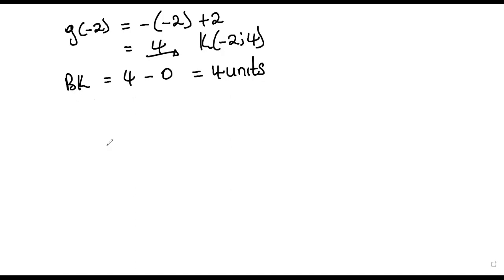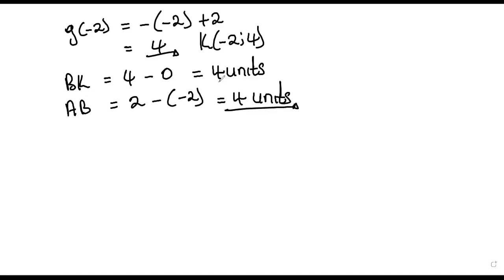Fine stuff. And then we look at the length of AB. So we'll say the bigger x value minus the smaller x value. So it's just going to be 4 units as well. That's fine. So now that we know these two distances, we understand that AK is the hypotenuse of this right-angled triangle.